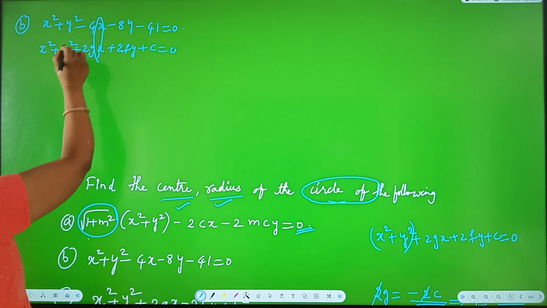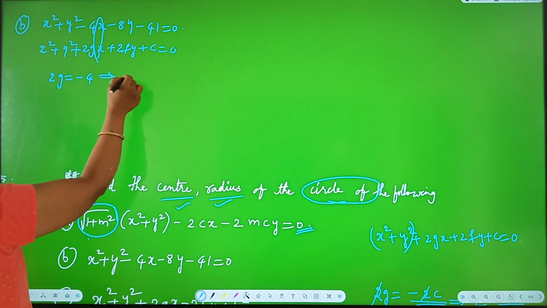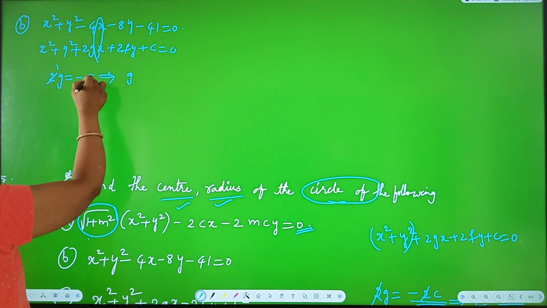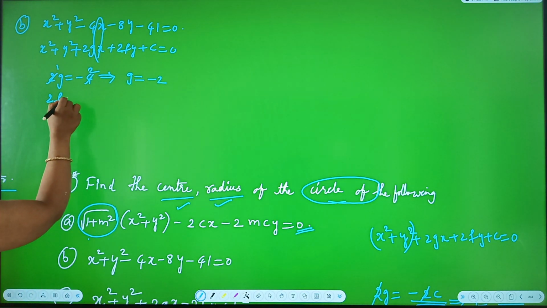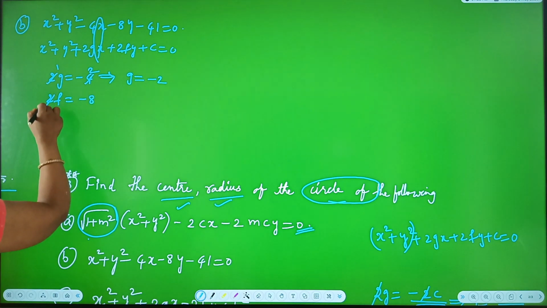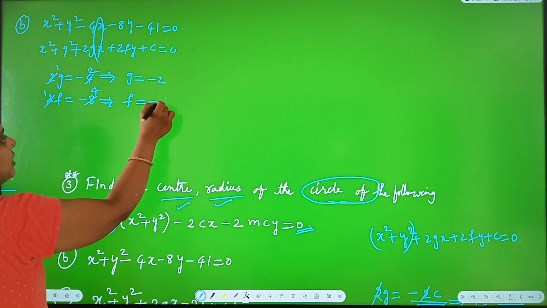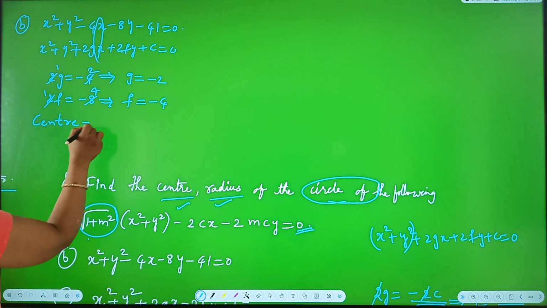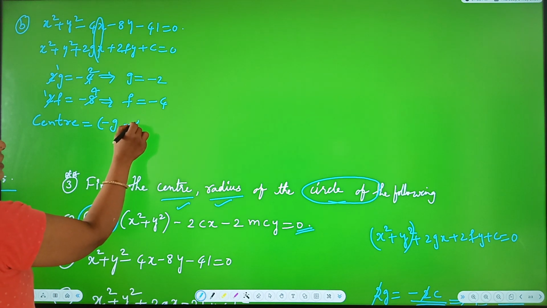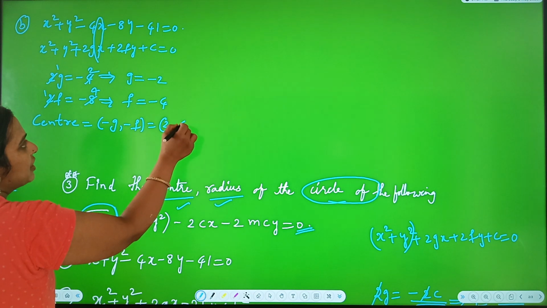So here, what are the coefficients? 2g equal to minus 4, so g equal to minus 2. 2f equal to minus 8, so f equal to minus 4. What is the center here? Center is equal to minus g comma minus f, that is 2 comma 4.